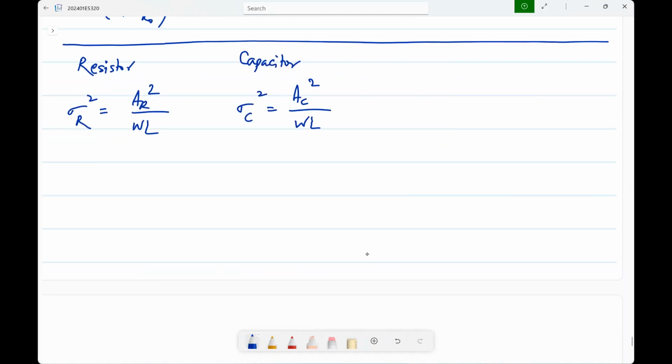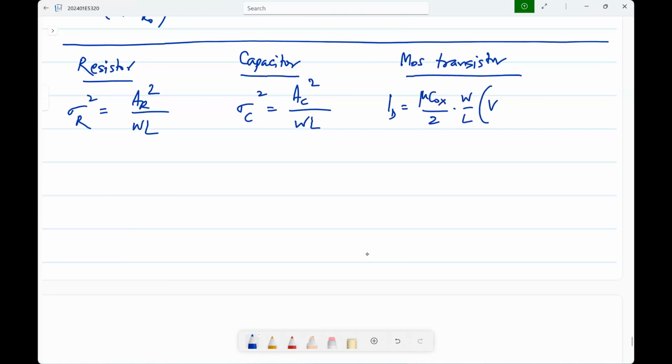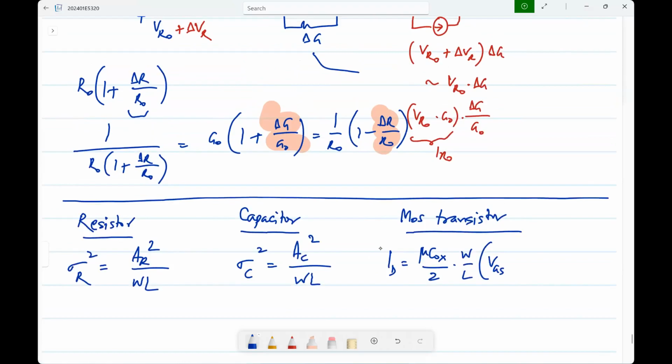And in a MOS transistor, there are 3 parameters, but we'll just consider 2. So in the saturation region, the current is mu C_ox by 2 W by L times (VGS minus VT) square.